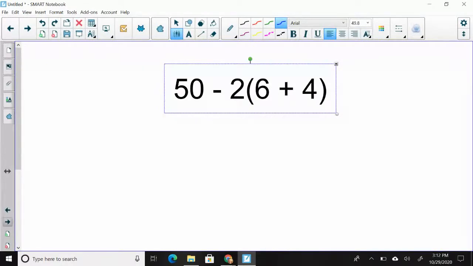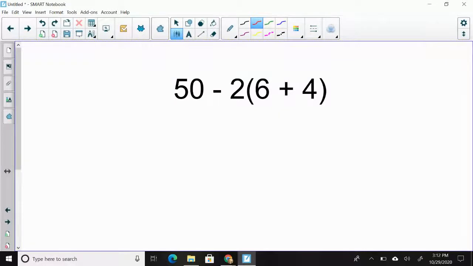All right. In this example, we have 50 minus 2 times the quantity of 6 plus 4. So remember, when we have a number hanging outside of our parentheses bar or our bracket or our group, that means we are multiplying, okay?